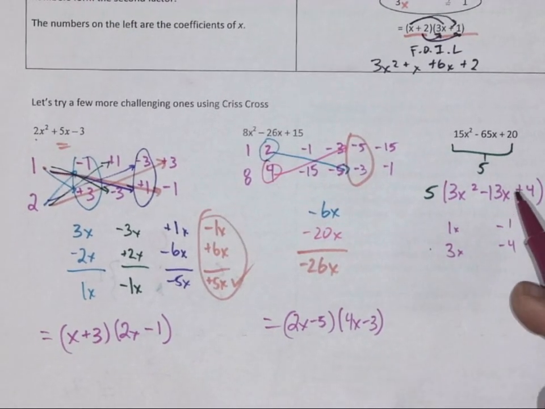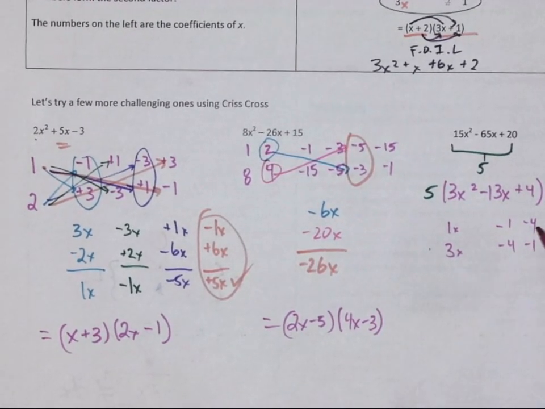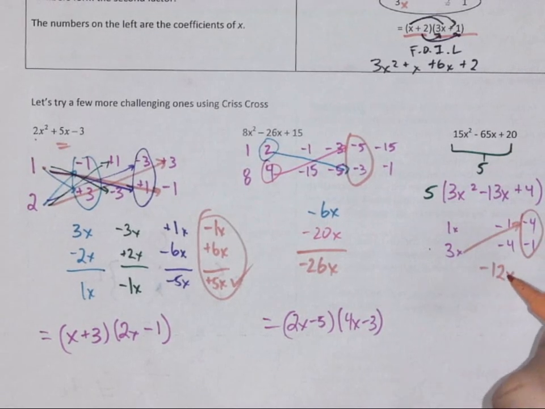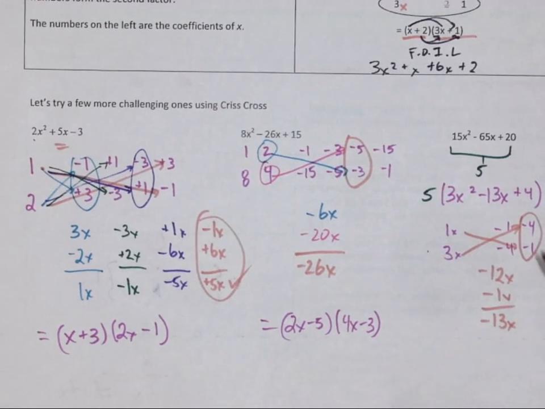If I'm trying to get to -13, 3 times -4 is -12. 1 times -1, -1x, which is -13x's. That's what I'm looking for.